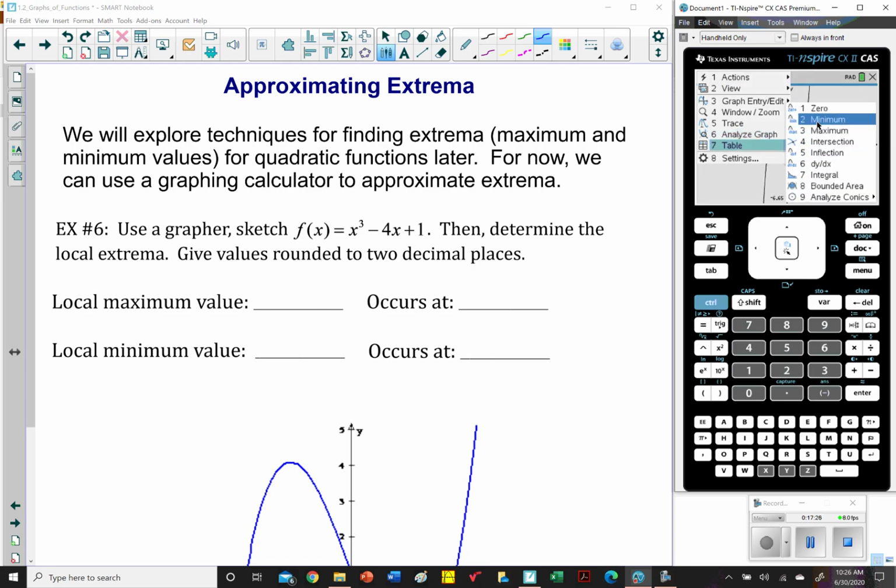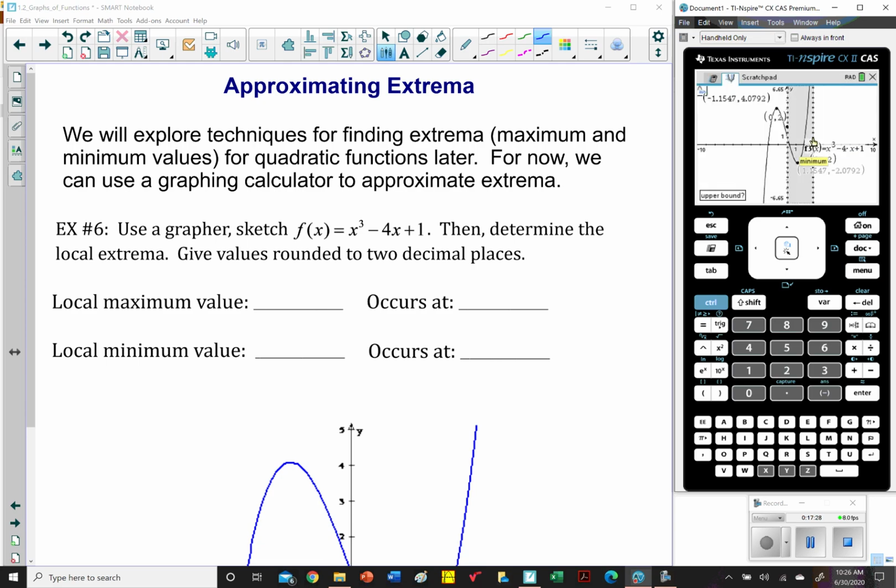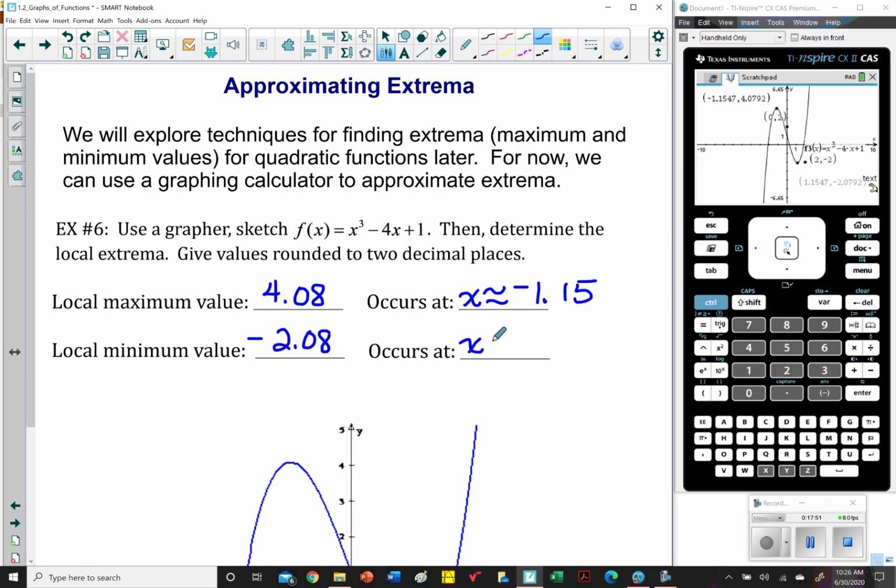And the minimum, to analyze that minimum value, is -2.08 as well. So we have a local maximum of 4 8/100ths. And that happens when x is about -1.15, and the minimum is -2.08, and that happens when x is 1.15.